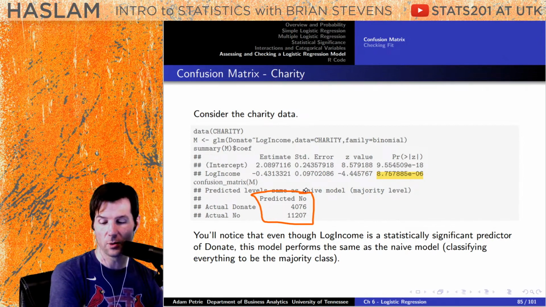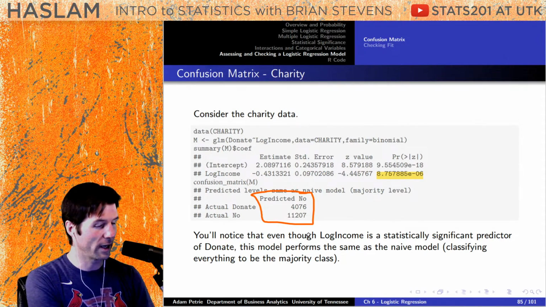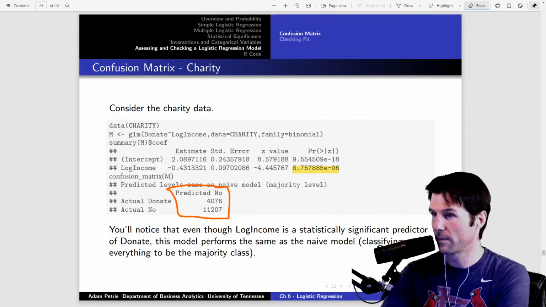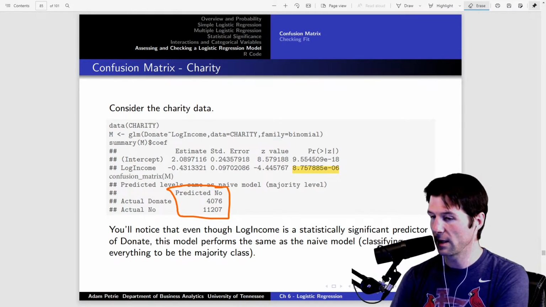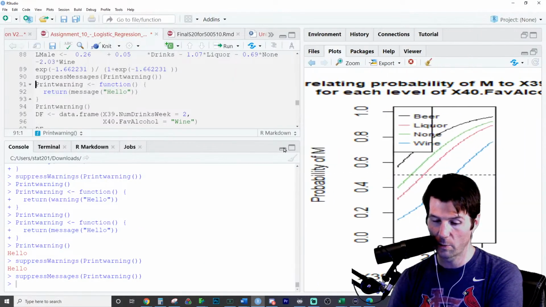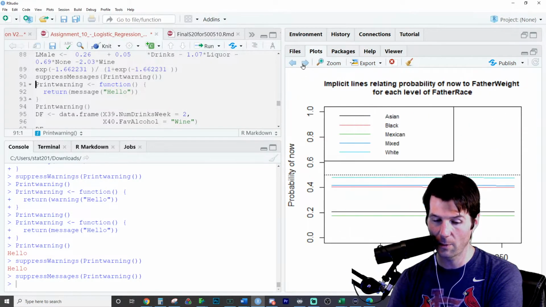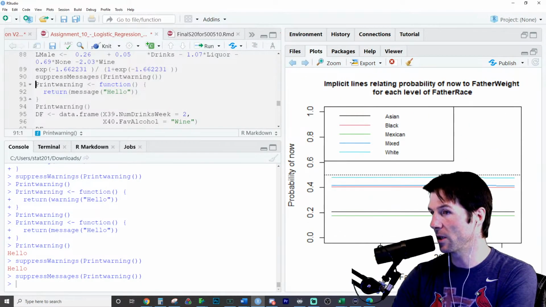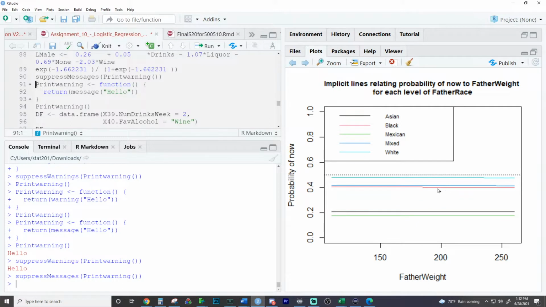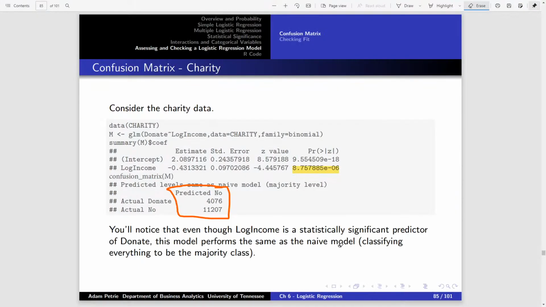Your predicted never is going to be here because all your lines, if you look at the way the model looked, were completely flat. So when you think about how the model makes predictions, everybody's going to be predicted to be smoking never, which is the not level of interest. So all the probabilities right here come back below 50%. So that means your model is going to make predictions that it's going to be predicted never. And then you'll see what percent are smoking now.